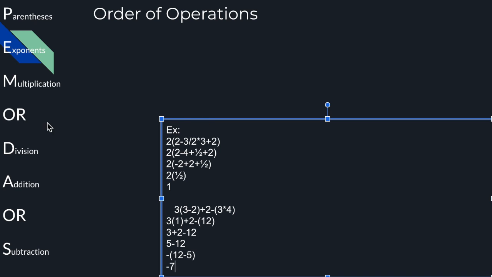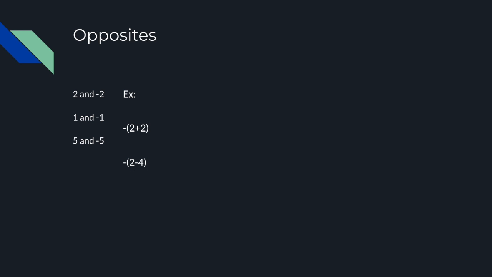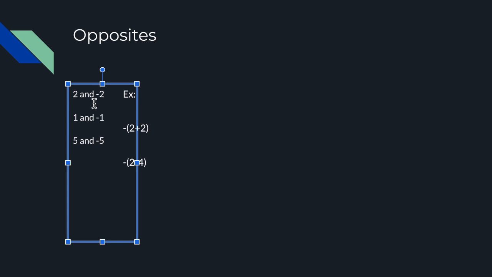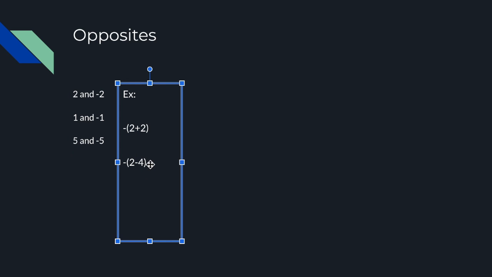So that falls in with opposites, our next topic. On opposites, you see here, -2 and 2, 1 and -1, 5 and -5 are all opposites. Let me show you some opposite problems. So you have 4, but then you have -4.